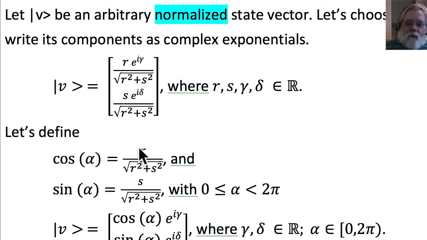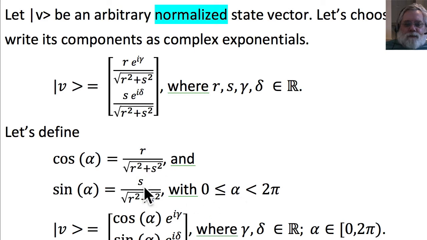So if we take r over the hypotenuse, we'll call that cosine of an angle alpha, whatever the angle has to be to make that number work out, and sine of alpha as s over the hypotenuse. If you square this plus square that, you get 1, as you would, because it's normalized.